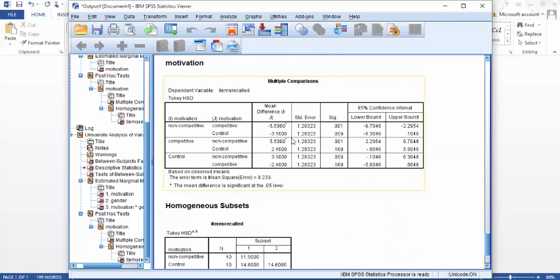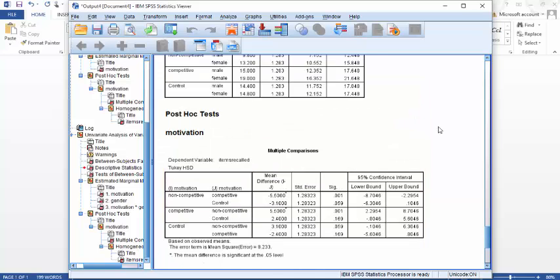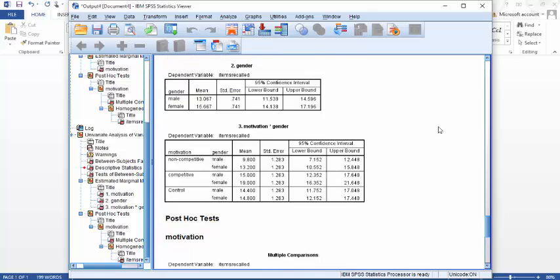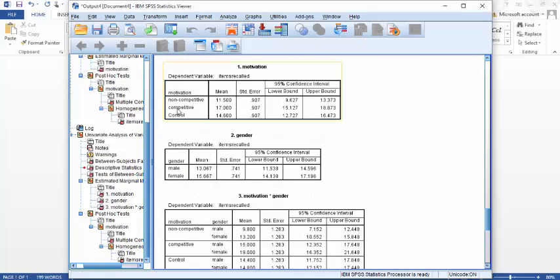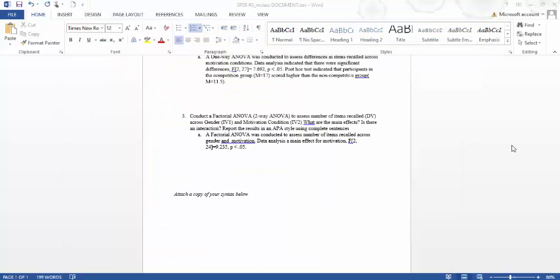So looking at our mean comparisons, again, the post-hoc test, the same is true that the competitive condition scored significantly higher than our non-competitive condition. And so we need to find the mean for that. So the mean for competitive is 17. The mean for non-competitive is 11.5.